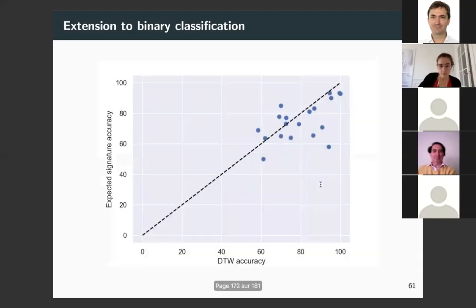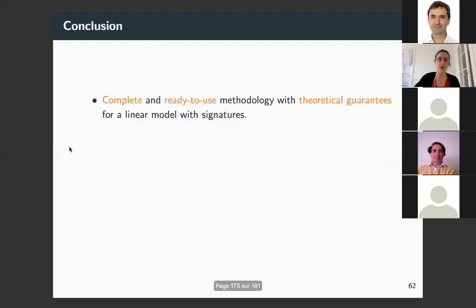And here, in the x-axis, it's a benchmark, and the y-axis is our performance. So you can see that we are not too far from the benchmark, whereas we used a really basic model. Usually it's not a good statistical model, but it's a simple one, and we already do quite well. So this was a really promising result.